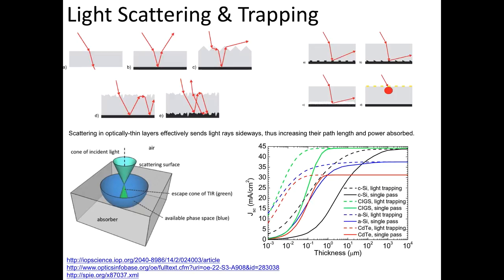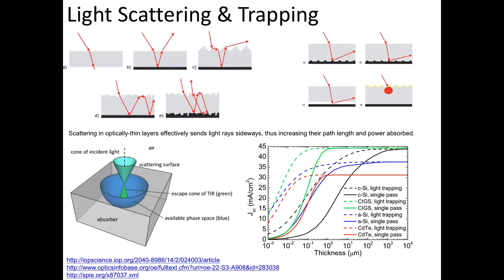So light trapping is one of these engineering feats that has been employed in photovoltaics to increase the path length of light through a device. So you get reflections that essentially ricochet through the device. So you get many more passes. The light gets passed through the device many more times, and so you increase the collection probability.